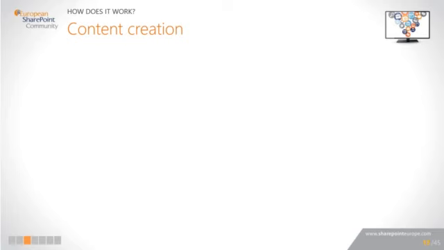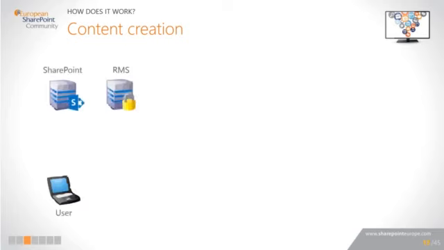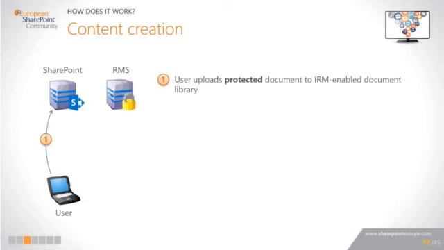So, a slightly different scenario. There's the same setup for IRM, but now the user uploads a protected document to an IRM-enabled document library in SharePoint. In this case, the issuance license, which is included in the protected document, is validated with the help of the RMS.